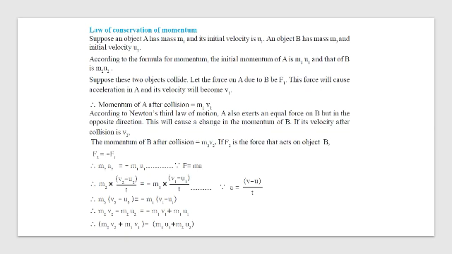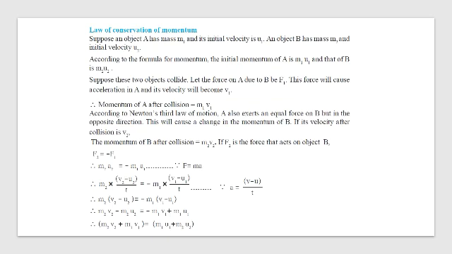You have applied a force on B. That means the striker has applied a force on the queen. The queen will also apply a force on the striker. This will cause a change in the momentum. Now the momentum of B after collision will be m2 v2 and the force will be F2 but in the opposite direction. Okay.